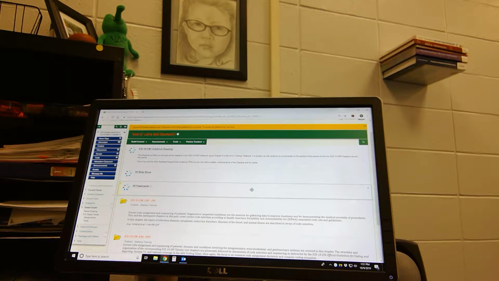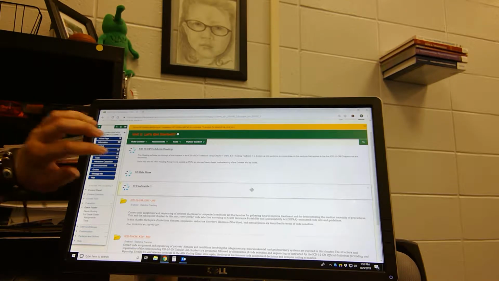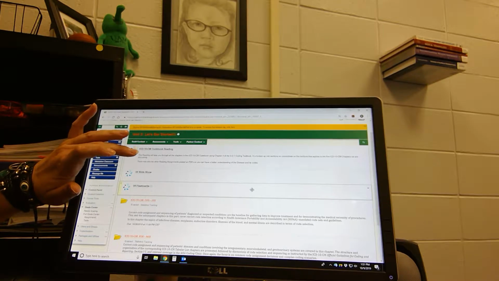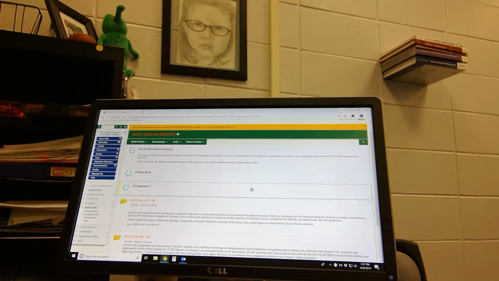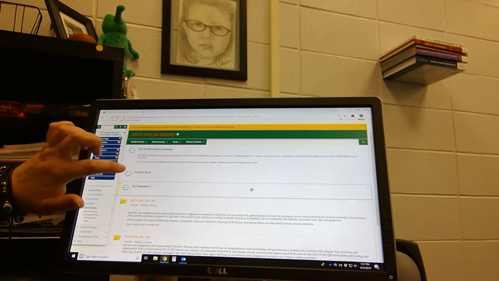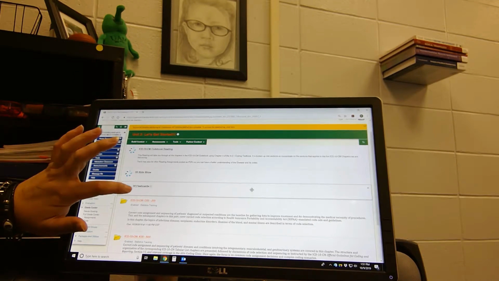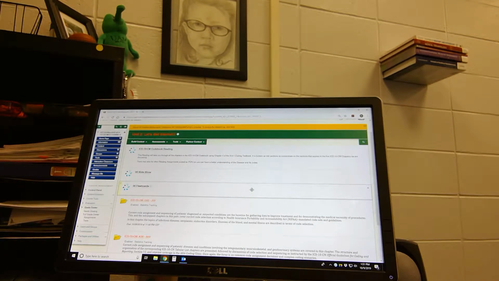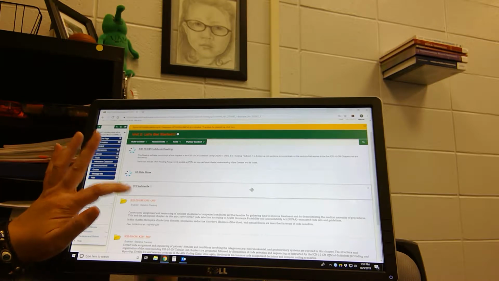So we're not using that book anymore this semester. As long as you have this reading, you can just click on that and it will take you to the reading. Then this is the PowerPoint, the slideshow for Chapter 4, and then flashcards that will help you with the vocabulary and different things that have been introduced in Chapter 4.